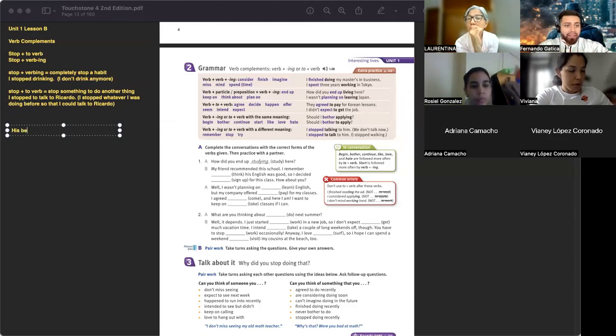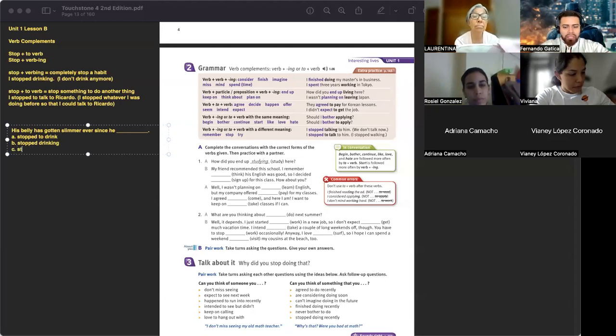His belly has gotten slimmer ever since he, would that be A, stopped to drink, B, stopped drinking, or C, stopped to drinking?